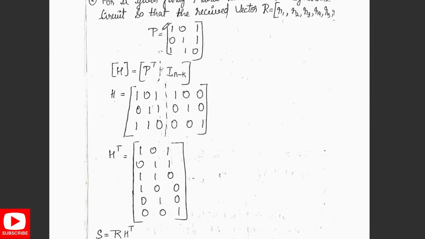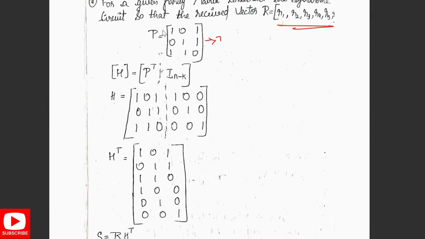Next is the given matrix, construct the syndrome circuit. This is a different type of question where this is the received vector, and the parity matrix is given. Firstly, H is given as what? P transpose into In minus K. P transpose is this matrix, and then In minus K. What is N minus K? Here it is not given, but you can write it based on this itself.